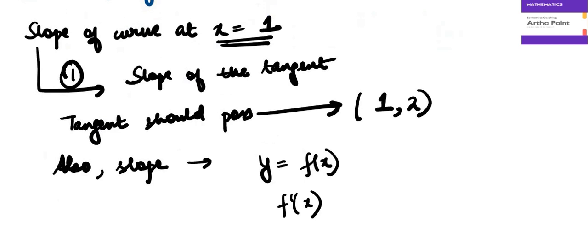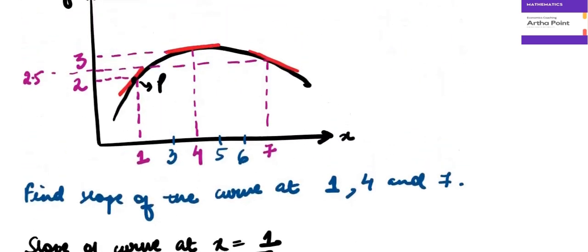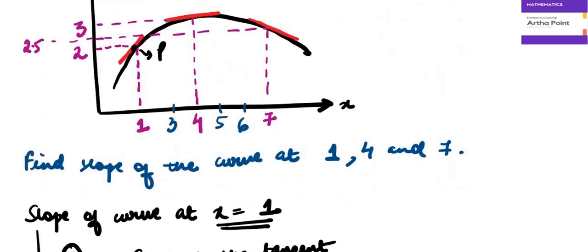Now, what do you think you can do to go ahead and find the slope here? What do you think would be the slope at point P in this case? Any idea, any guess?